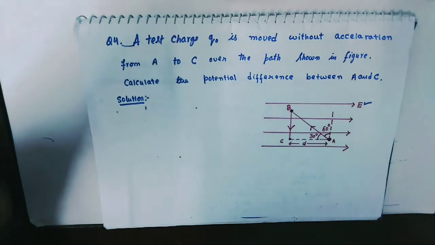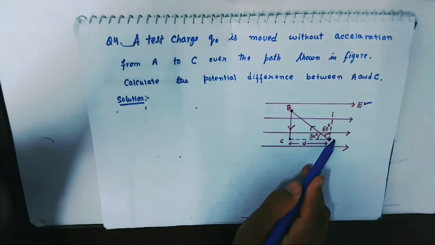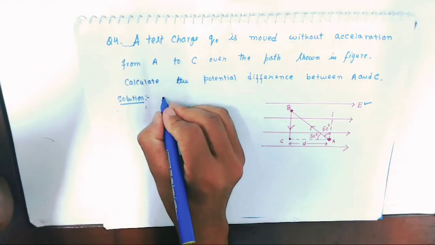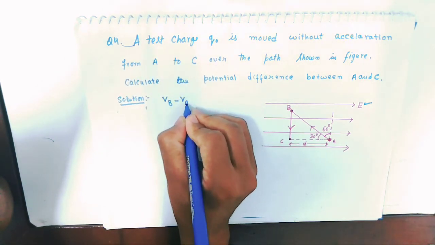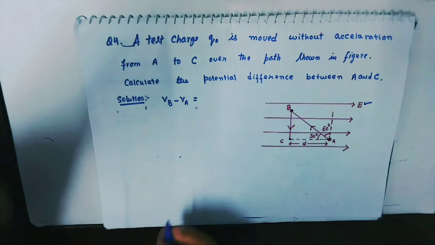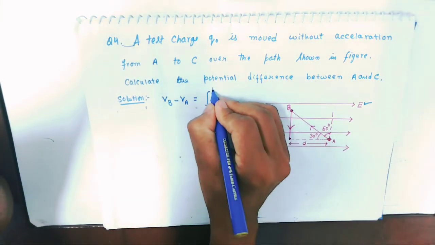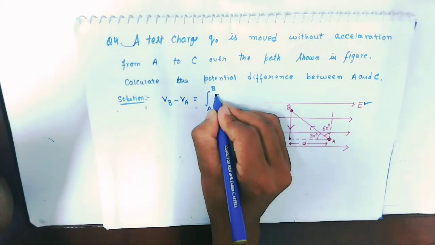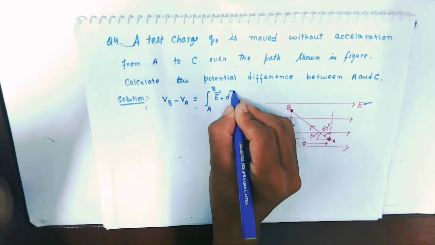We know that the potential difference between these 2 points is given by VB minus VA, which is equal to minus the integration from A to B of E dot dl.